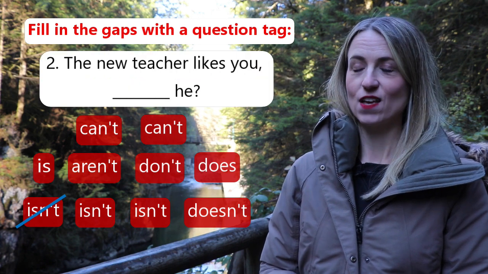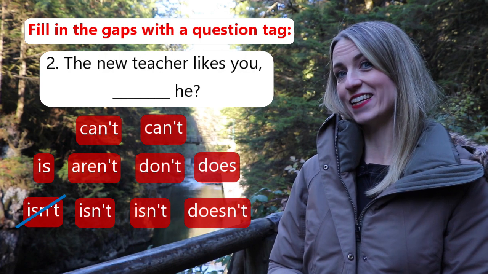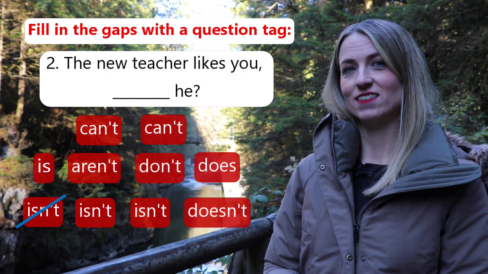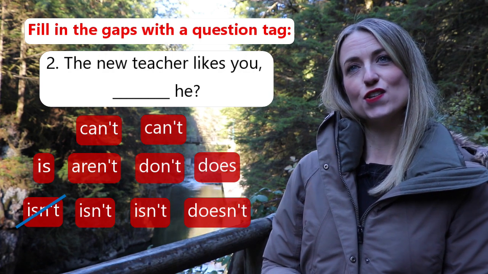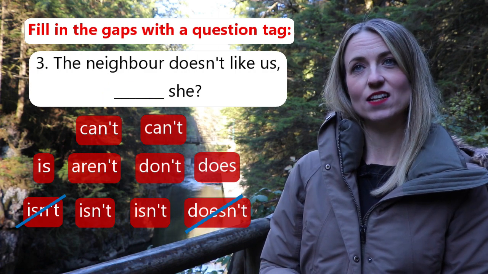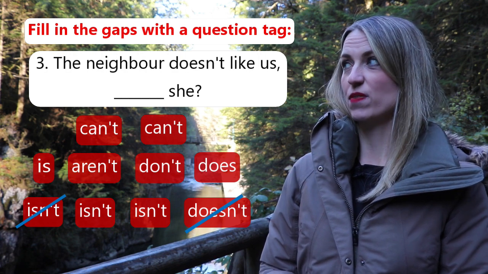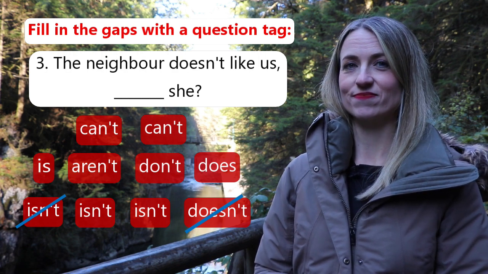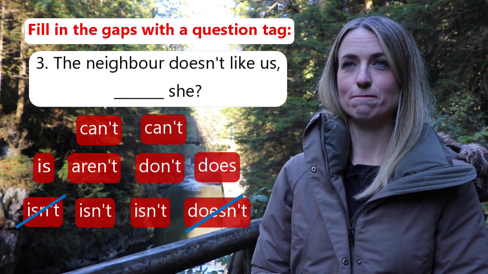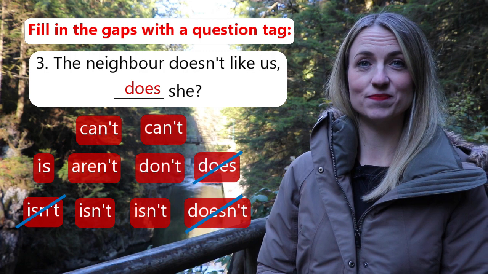Number 2, the new teacher likes you, something he. The new teacher likes you, doesn't he? Number 3, the neighbor doesn't like us, something she. The neighbor doesn't like us, does she?